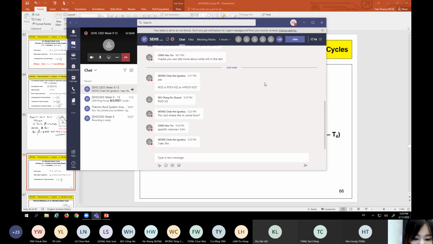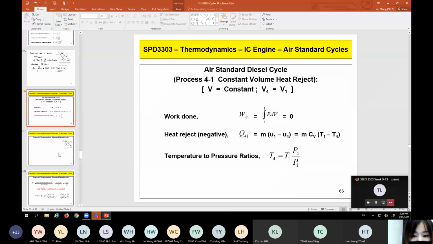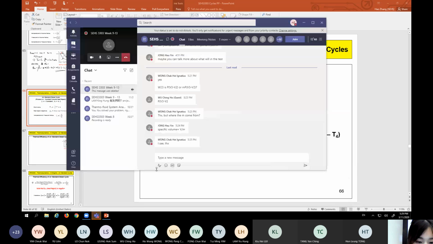Yes, it's specific volume, V over m. We get the specific volume. Any problems for those who are facing your computer? If not, I will continue.